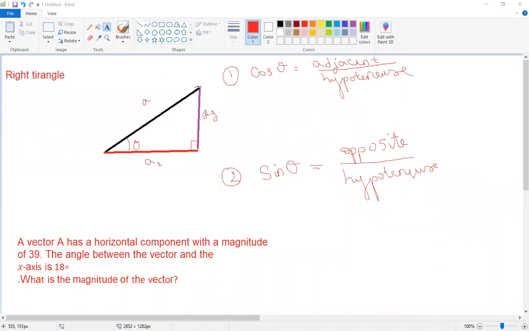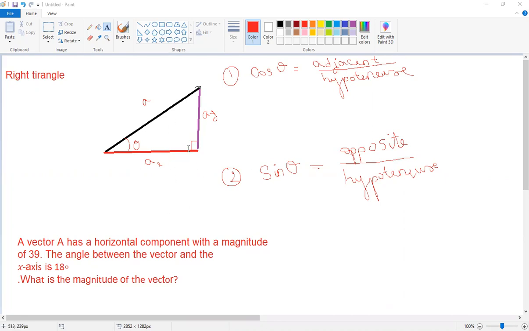So in this figure, I will teach you two rules that help you find the components of this vector. Any vector in the xy plane has, as we said, two components, and to find these two components, we use these two rules, cosine theta and sine theta.